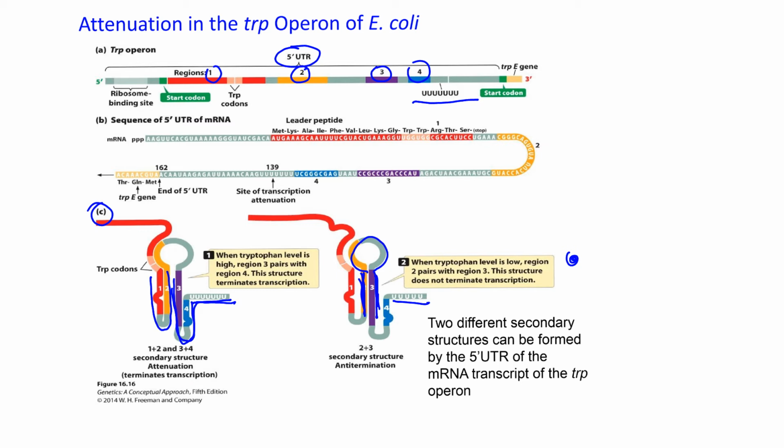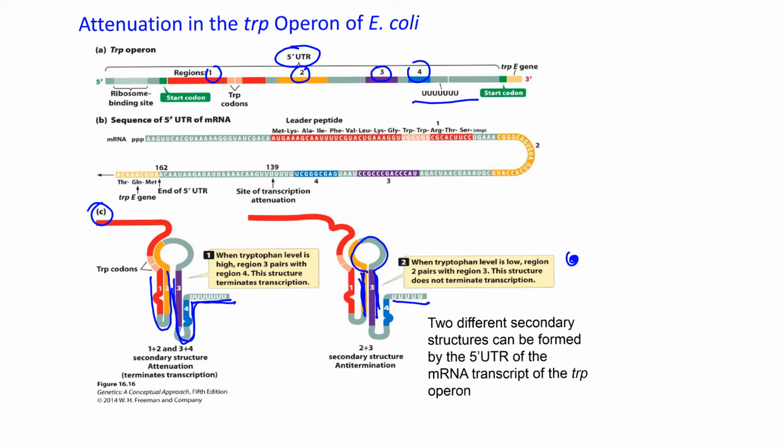So how is this controlled? An important part in this play is translation. Keep in mind that in bacteria, when transcription starts, translation proceeds also. So at the same time you have transcription and translation of the mRNA.